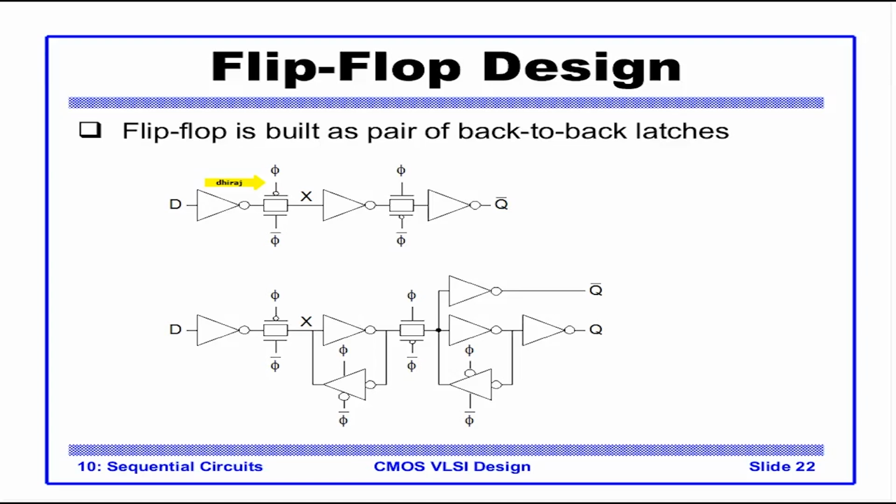When pi, that is the clock, is low, this part becomes active, D to X. So D to X is connected, but the complementary X to Q is not connected.